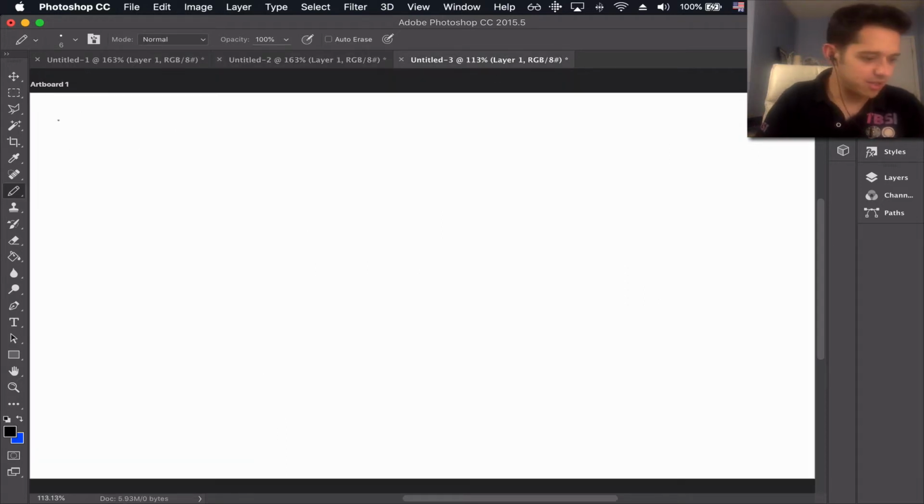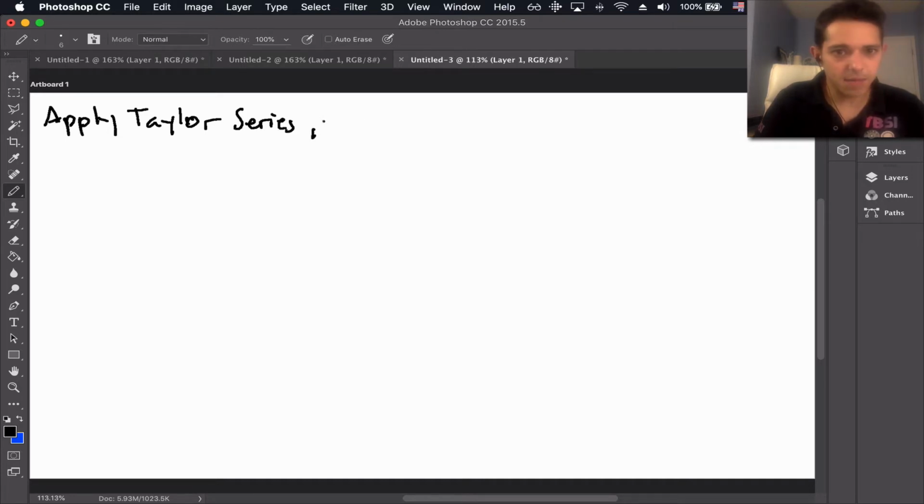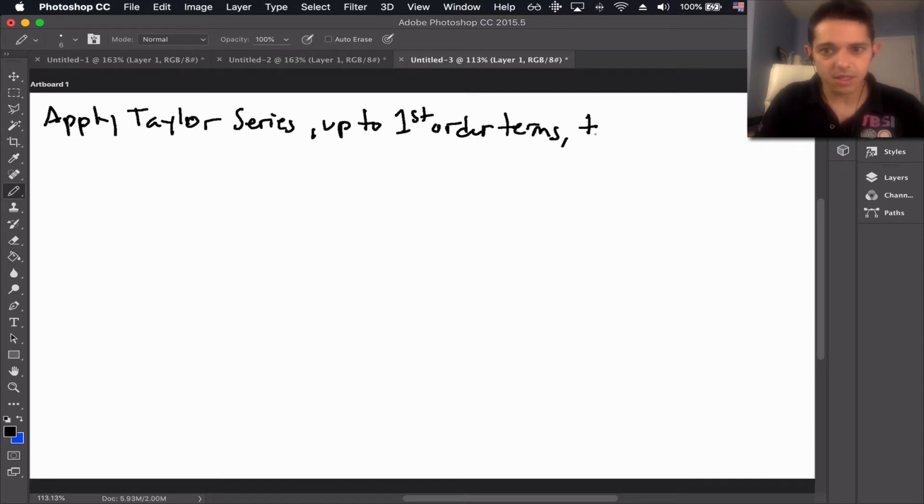So let's now jump into applying Taylor series to our dynamics. What I want to do now is apply Taylor series up to first order terms, because those are the linear ones, to the nonlinear dynamics, namely 1 and 2, around the equilibrium.